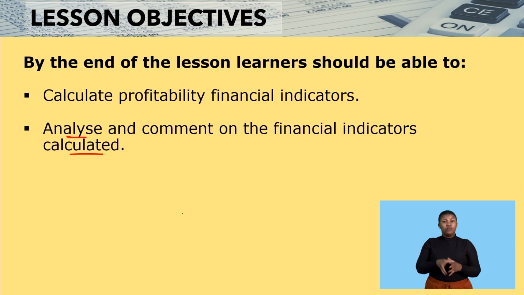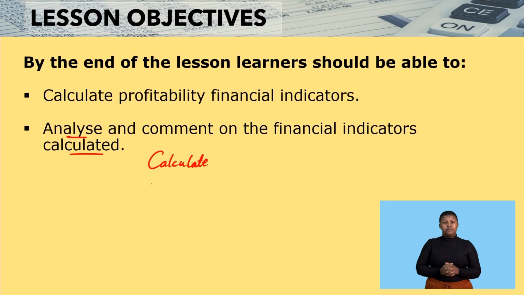So it is very important that when you do analysis and interpretation of financial statements, you must be able to calculate, you must be able to compare, and you must also be able to comment. So these are the things that we need to focus on today.